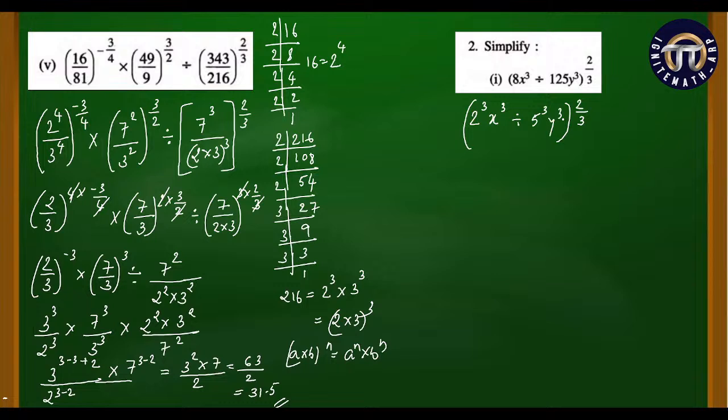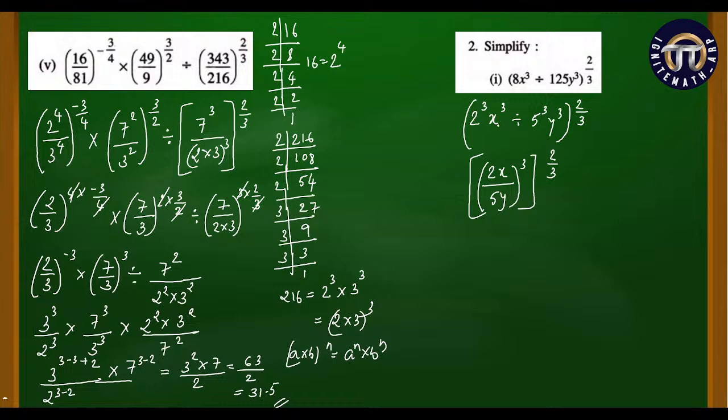So later I can write this as 2x by 5y to the power of 3, whole to the power of 2 by 3. Clear, children?